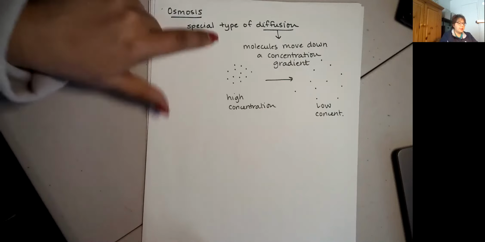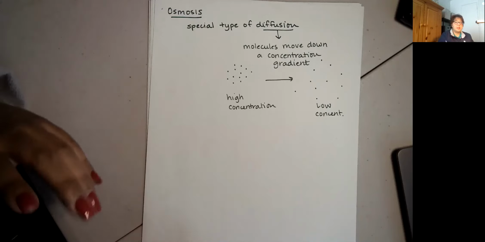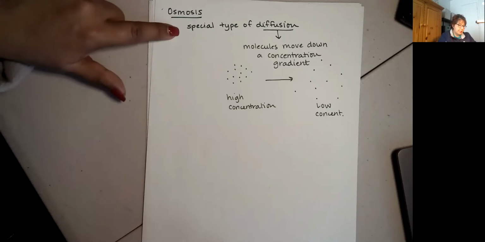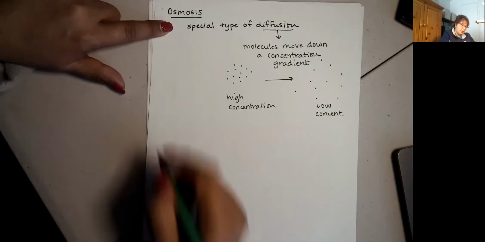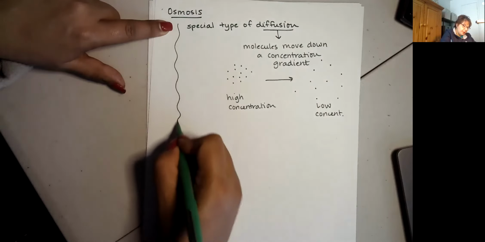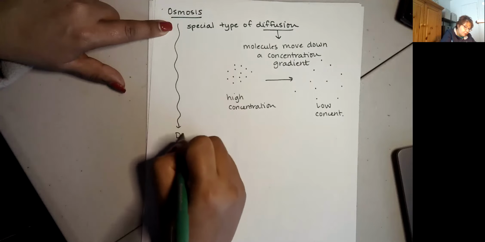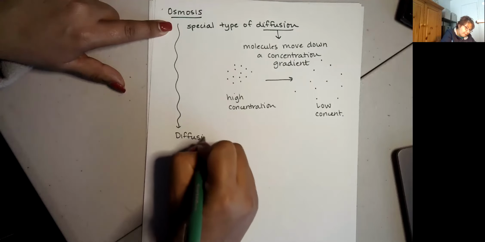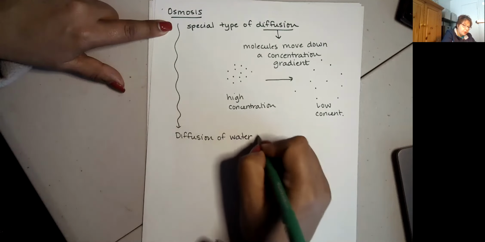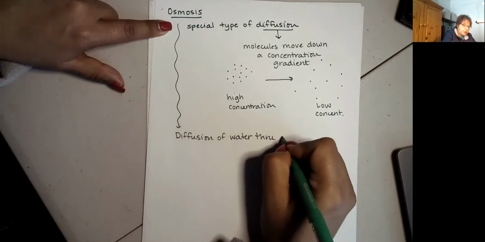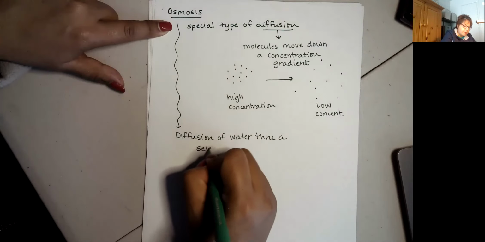Well, osmosis involves spreading out. But because it's a special type of diffusion, what are we exactly talking about? Osmosis specifically is the diffusion of water, but through what's called a selectively permeable membrane.